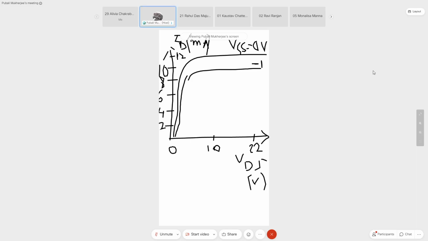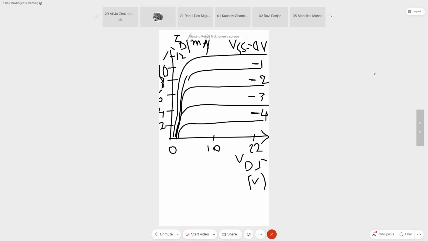VGS minus 2, VGS minus 3, VGS minus 4, and obviously the one coinciding with the x-axis is the graph for VGS equal to minus VP, which is the pinch off voltage.